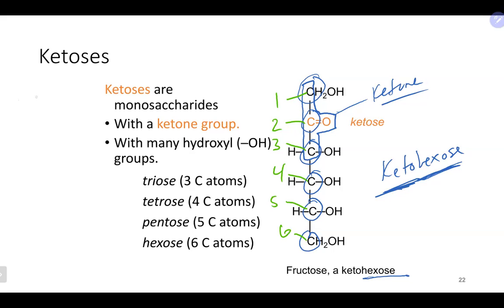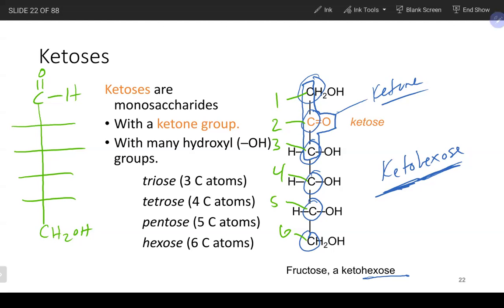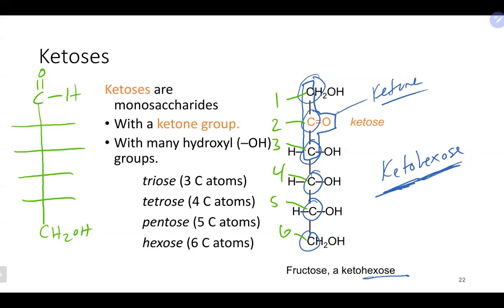And just like if we had an aldose up on top, if we wanted to number the carbons, we would once again start with the oxidized group, or the organic group, which would be 1.